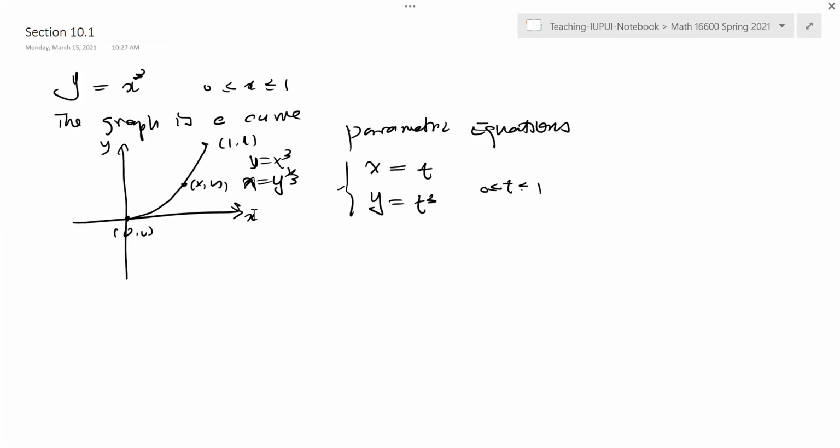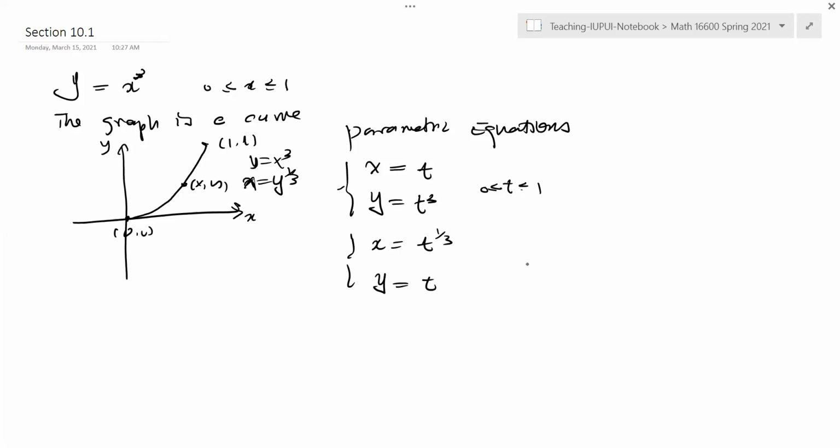Then the point can move fast or slow. There are many ways to travel from the origin to that point at different speeds. So another possible way to parameterize is x equals t to the 1/3, and y equals t.